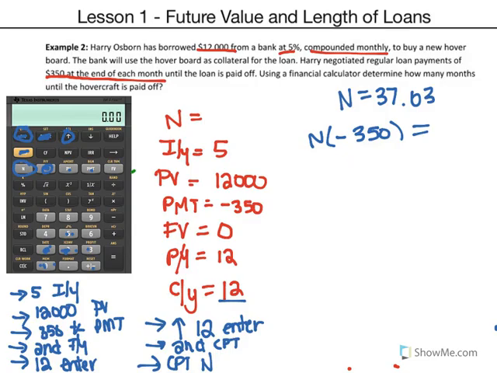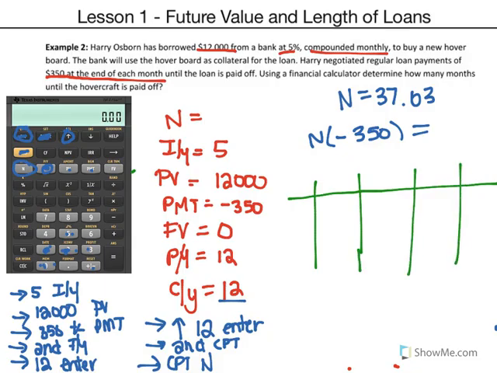We're also going to use the amortization table to just show how much this loan actually costs. So create a small amortization table. This is our period. This is our payment. This is our interest. This is our principal.